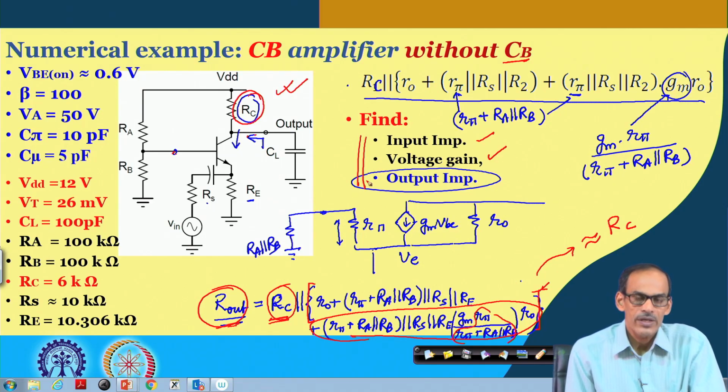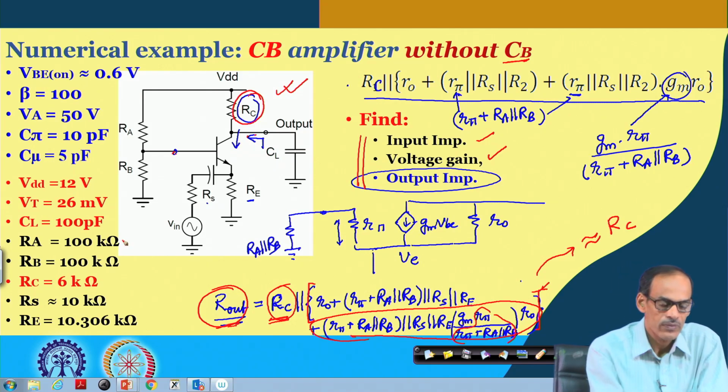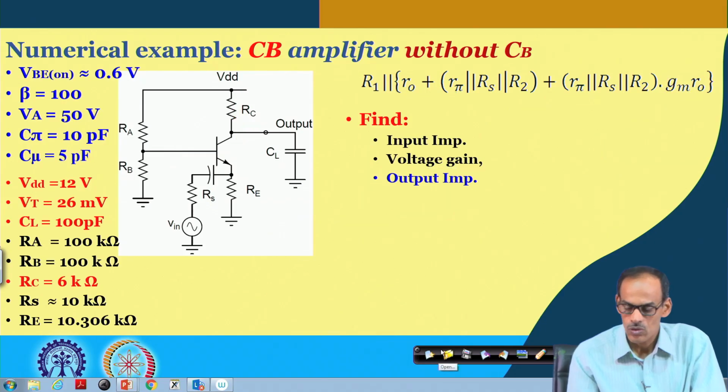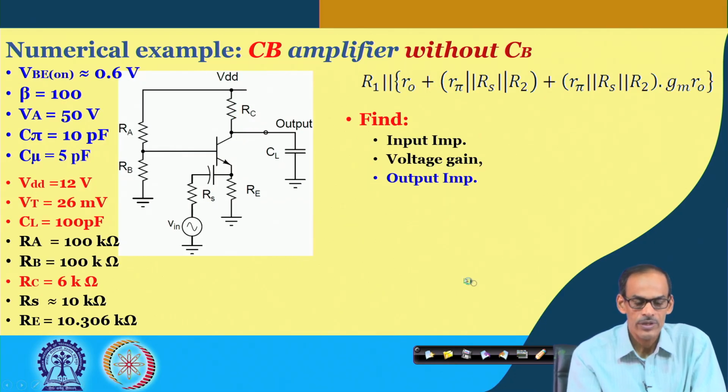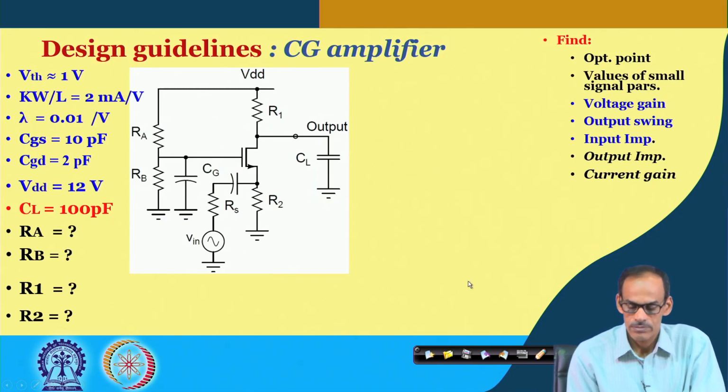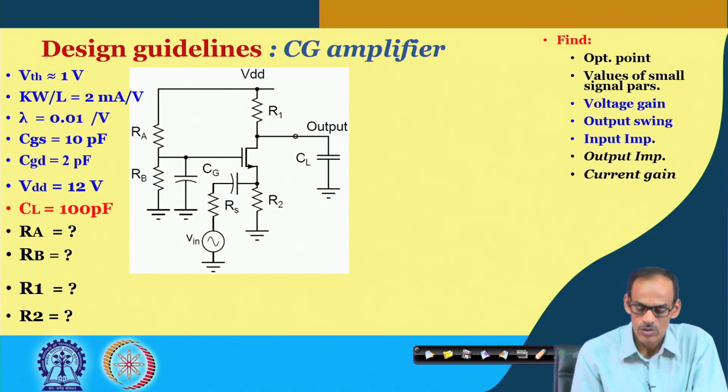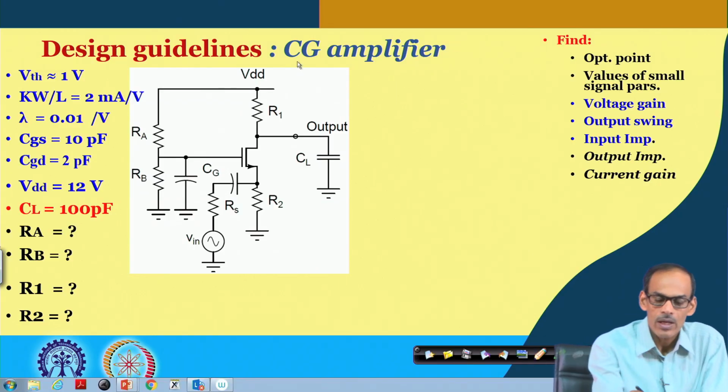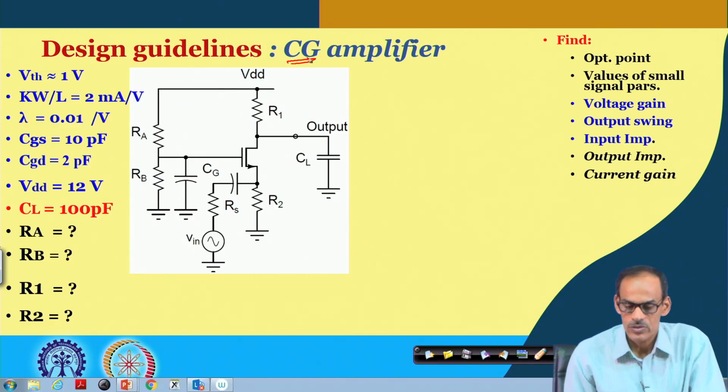If the requirement is given to us, then we can see how to proceed to find the values of different resistances. The circuit here is for a common gate amplifier, and likewise we also have a common base amplifier.